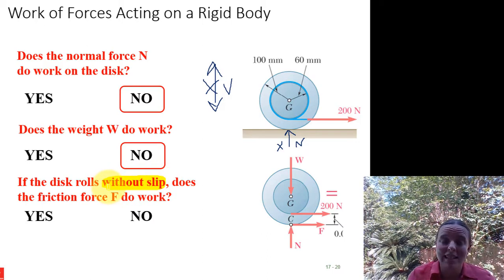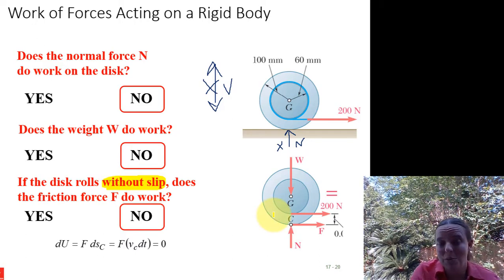If it does slip, like leaving tread on the ground, sliding and slipping, then it does do work. And however much tire tread is left on the ground, that would be the distance that force is acting over. But if it does not slip, no slipping at all, it turns out that it does not do work.